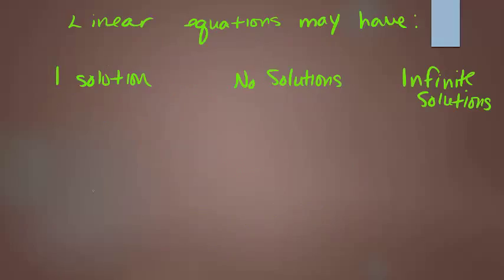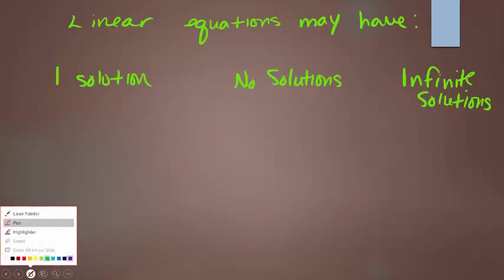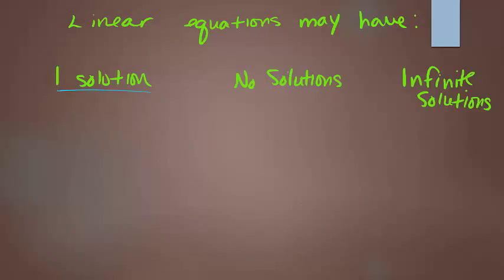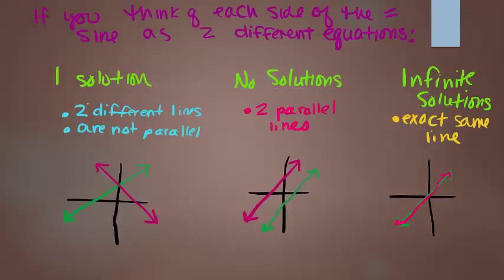So the three different situations we may have here are that a linear equation could have one solution, no solutions, or infinite solutions. If it's going to have one solution, that means that you have two different lines. They are not parallel. Okay, so this means also we could think of it as we have different slopes.